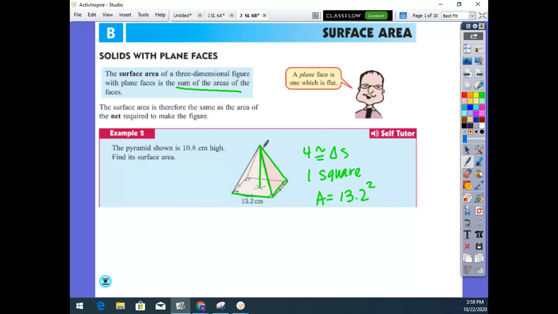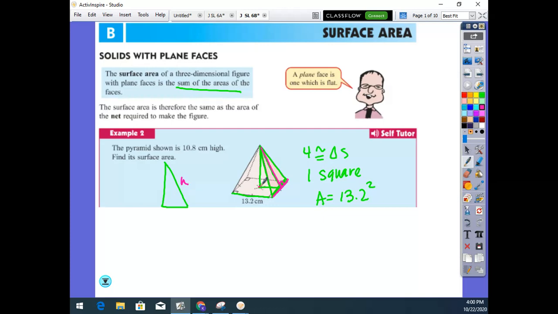So I need to find the height of the outside triangle. So what I'm going to do is use the height of the pyramid. So I'm going to draw the height of the pyramid and this over here, because this would create a right angle, and then my area of a triangle is 1/2 base times the height. But we have to figure out what this height is from the inside part.